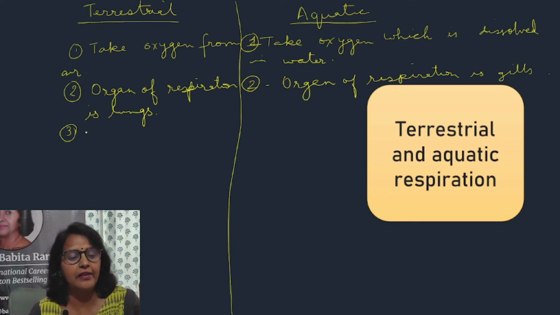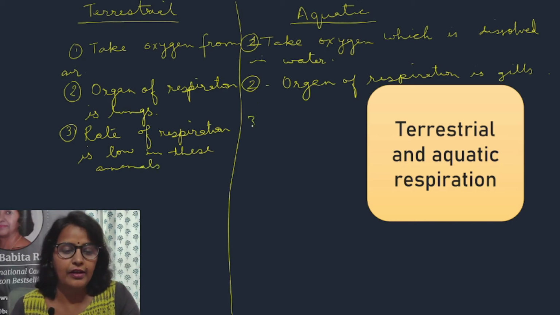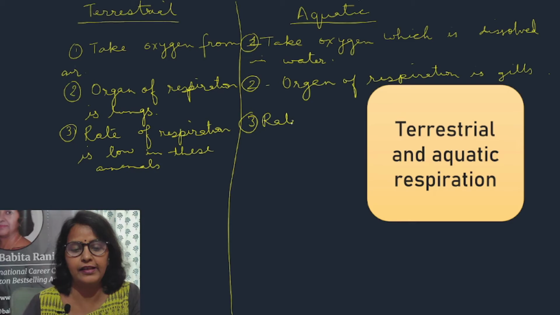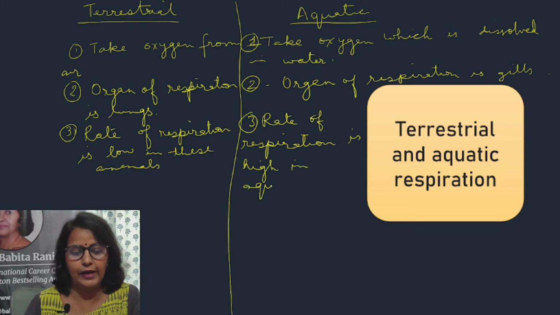So what happens? Because of this, rate of respiration is low in terrestrial animals, whereas rate of respiration is high in aquatic animals.